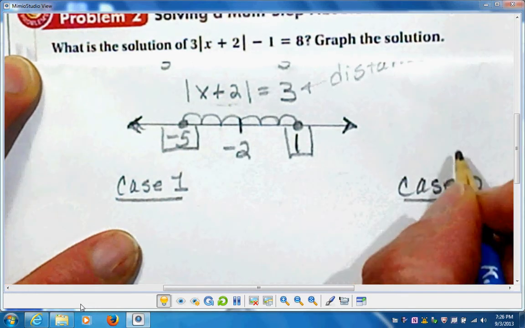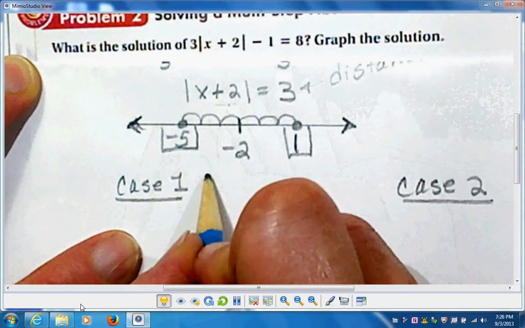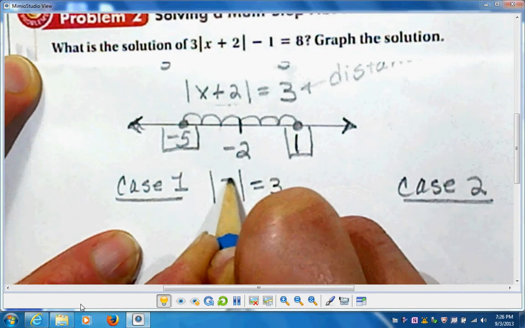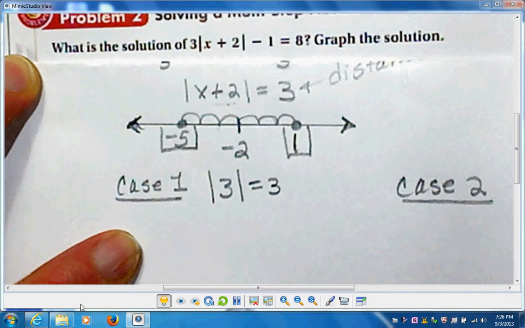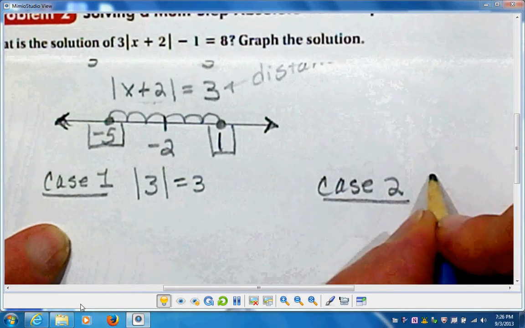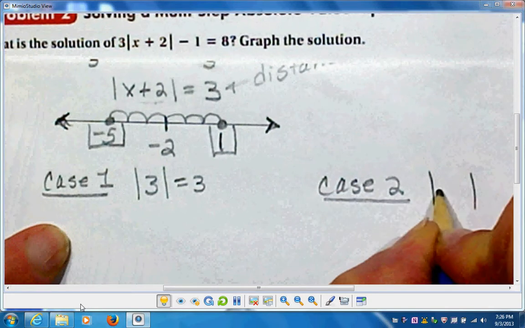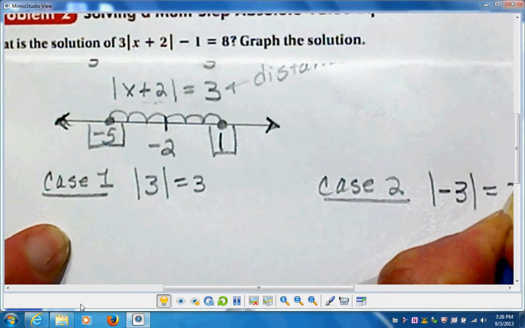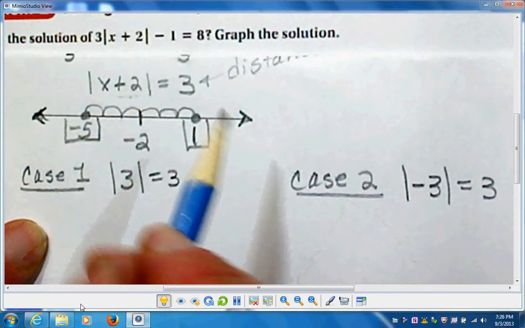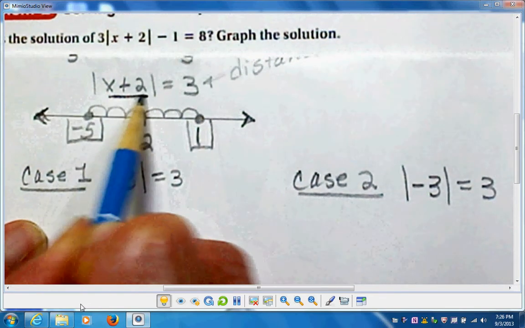So remember, for case 1, I want to think the absolute value of whatever's in here has to equal 3. Well, that's the same as 3 equals 3, right? For case 2, I'm going to think the absolute value, in this case, -3 equals 3. Okay? So remember that this is inside my absolute value.